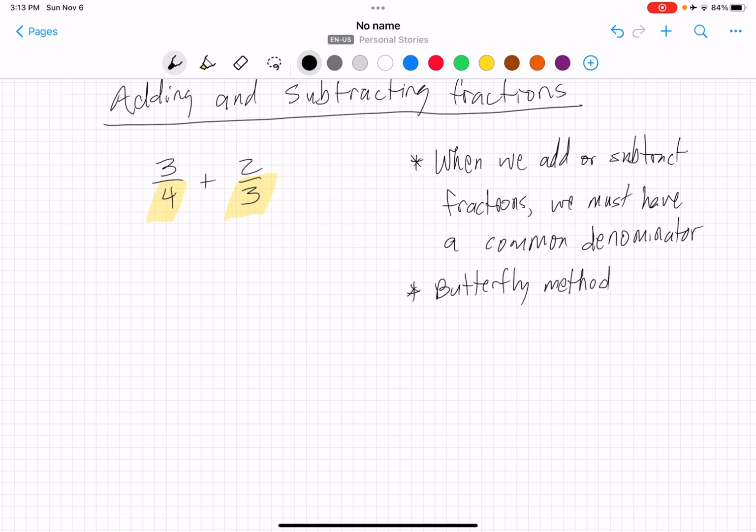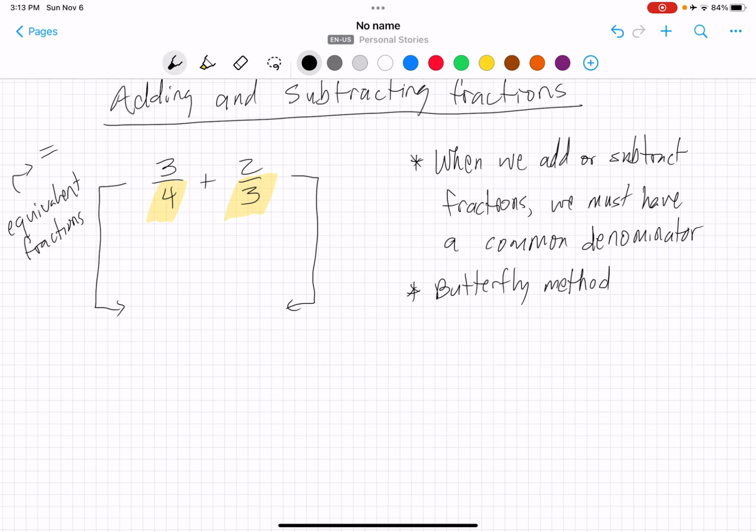And so the butterfly method is a shortcut of actually finding common denominators. What we want to do is find what we call equivalent fractions. So equivalent is just another way of saying that they are equal.